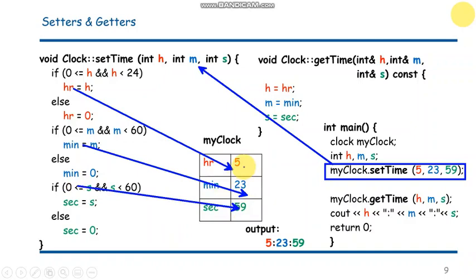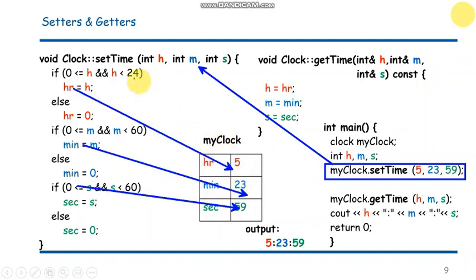Before, there was a value here, but we changed it to 5. Before, in the field of min, there was a value there, and then we had to change it to 23. The same thing applies also to sec. We had to put 59. What has happened here is that setTime has changed the values in our object, my clock.